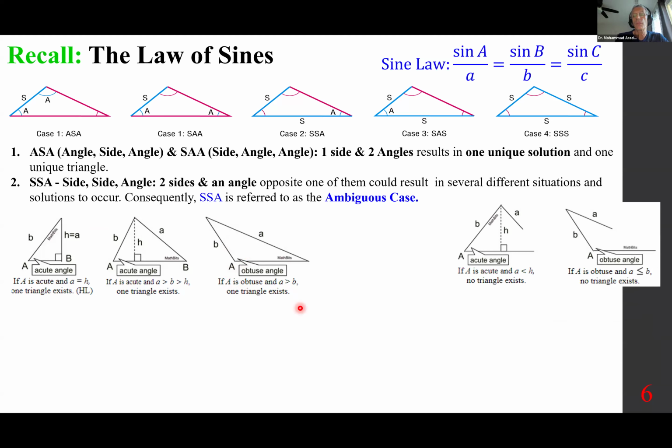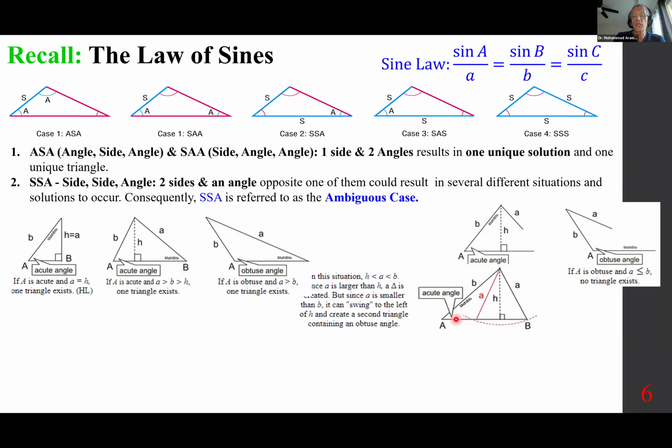If A is acute but a is less than h, then nothing works out. Or if A is obtuse and a is less than or equal to b, simply because the larger the angle, the larger the side opposite that, it doesn't work here, no triangle exists.